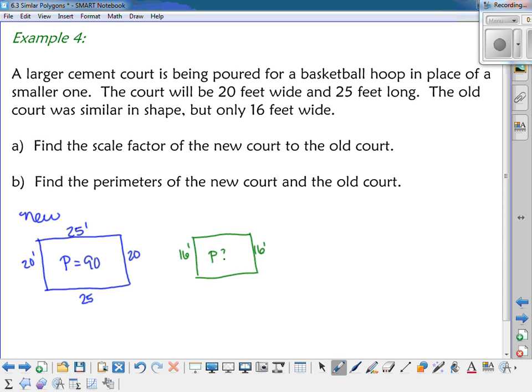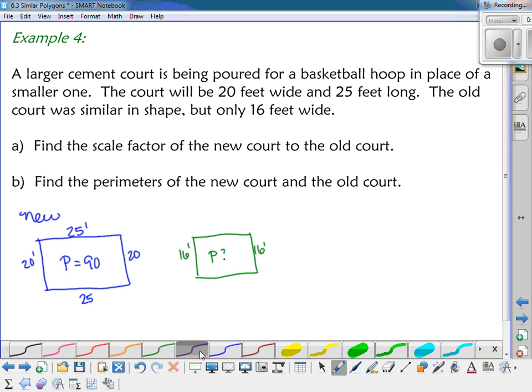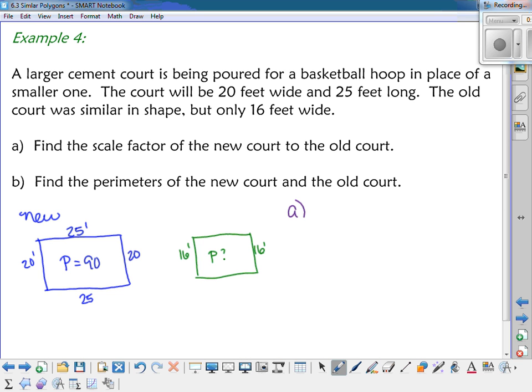Alright, so first I'm going to look at the scale factor. The scale factor is just the ratio of the sides. And they want me to do the factor of the new to the old. So that's the order that I will go in.